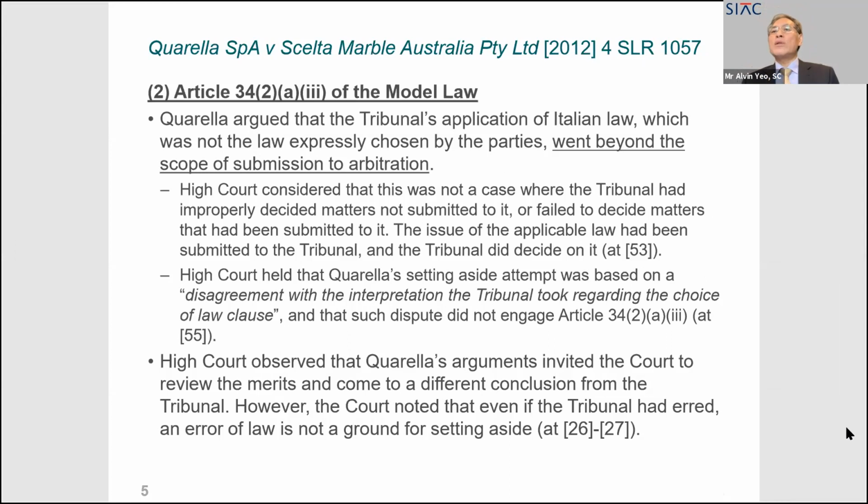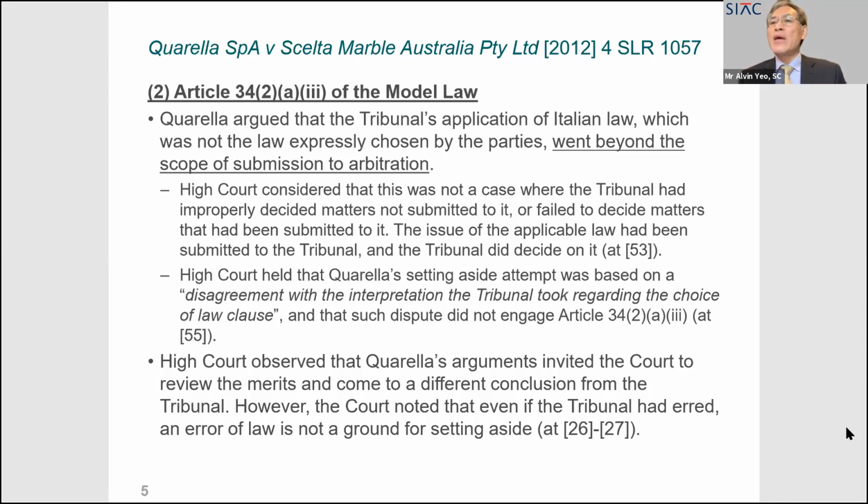And here again, the court disagreed because the issue of what was the governing law was a matter which was submitted to the tribunal. They had considered this issue, looked at Clause 25, considered that CISG was to apply, provided it satisfied the CISG's own rules of applicability, and then decided it did not apply according to that criteria, and went on to find that Italian law applied.